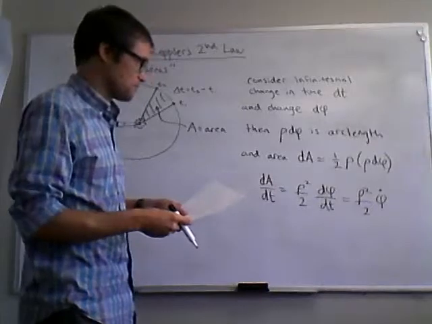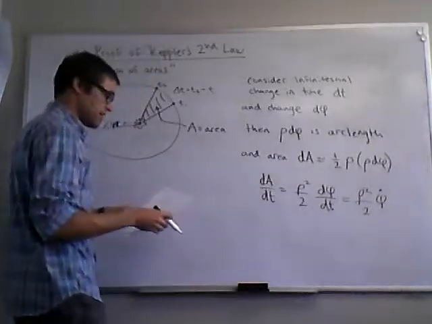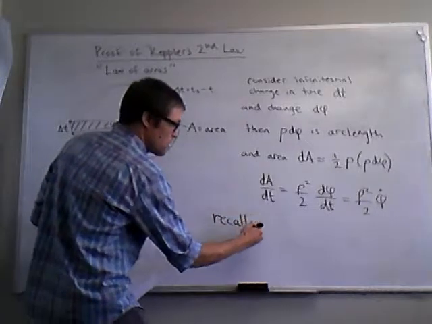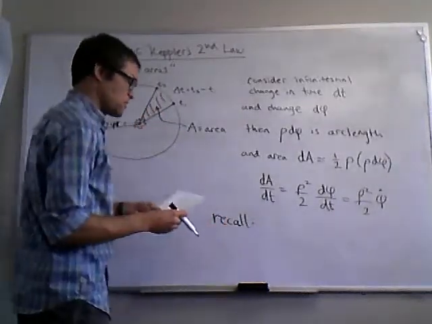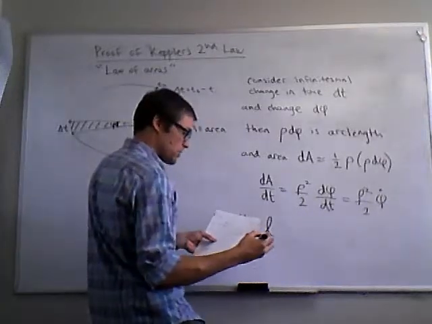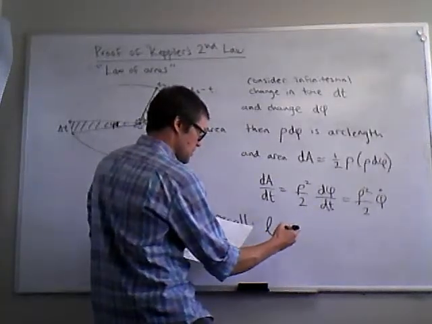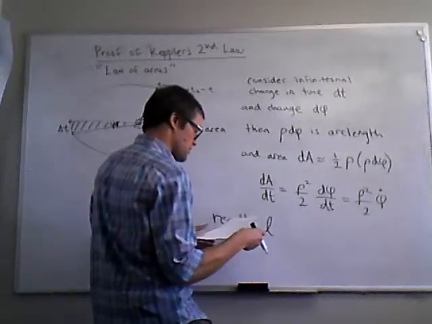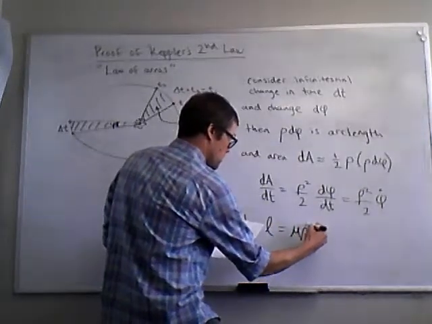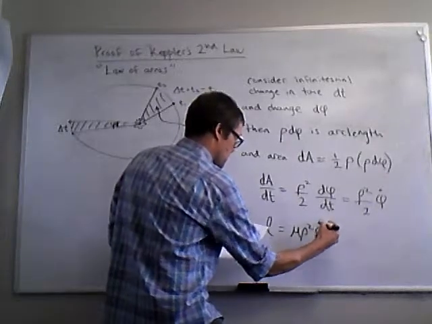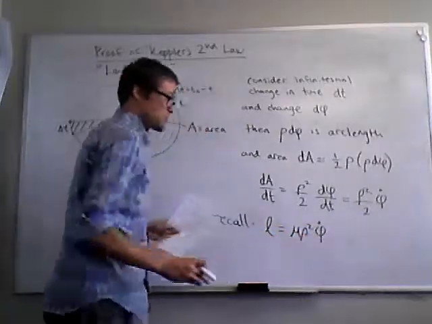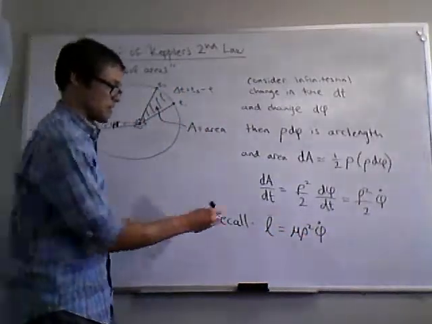And then the key fact here, if you remember, is that due to conservation of angular momentum, the angular momentum of one of these orbits is a constant, and it's equal to the reduced mass times rho squared times phi dot, right? And this is a constant.